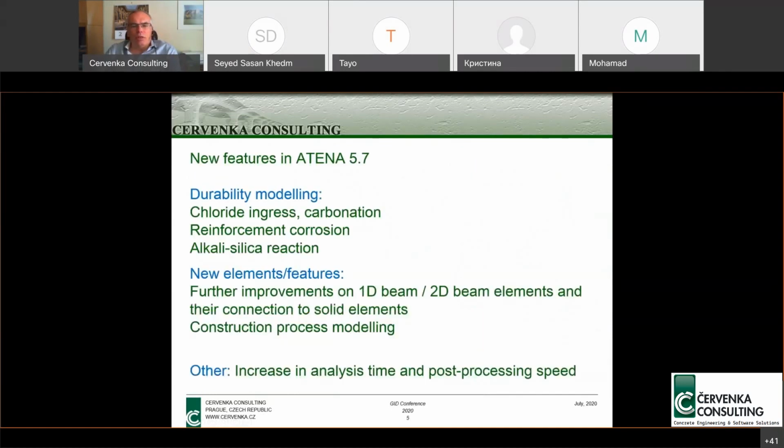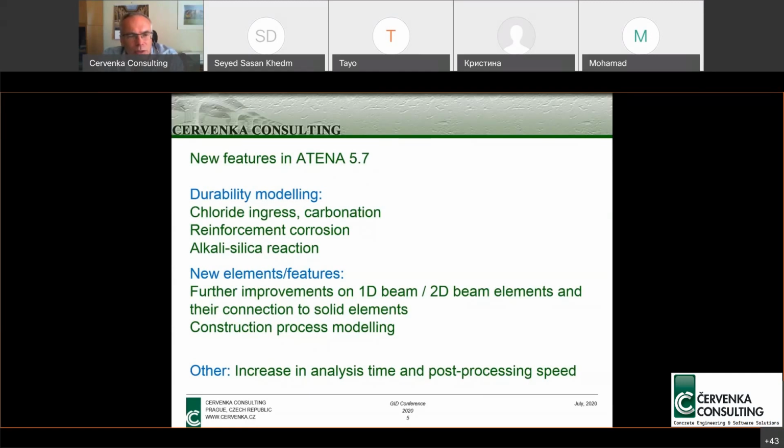And now let me summarize some of the new features available in version 5.7. I would say the most interesting feature is this durability model. We discussed that in the previous seminar, which was in August. If somebody is interested, you can find the recording of that meeting on our YouTube channel.